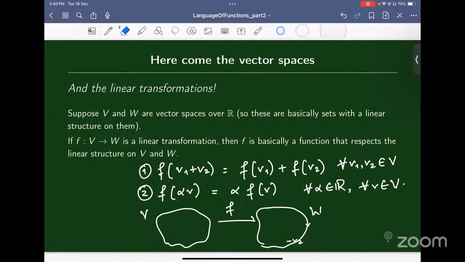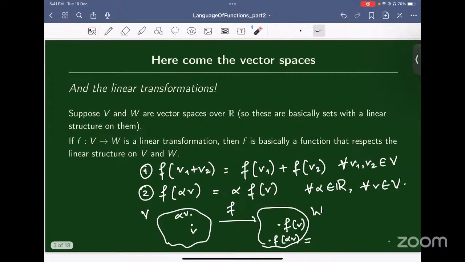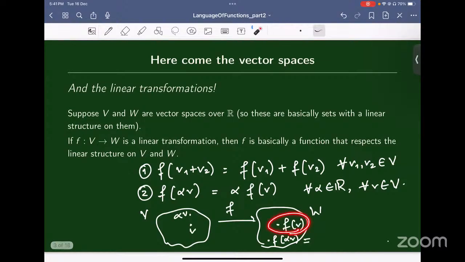Respecting scalar multiplication amounts to saying that if you take a vector v and apply f to it, and suppose you take v and multiply alpha to get alpha v, when you apply f to alpha v, you'll get f of alpha v. This is same as first applying f to v and then multiplying alpha to it.